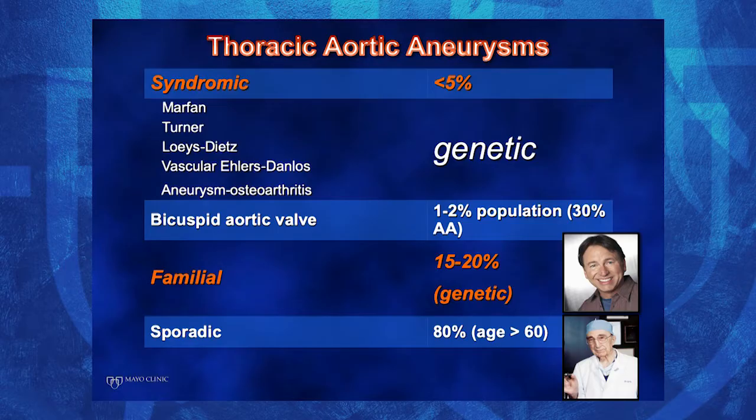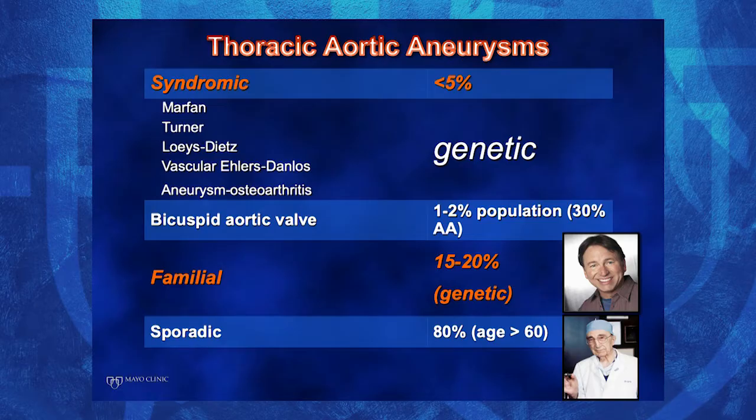In bicuspid aortic valve, it is important that your offspring and siblings be checked for a bicuspid aortic valve, because it may run in families, and there is a 10 to 15% chance of transmission of a bicuspid aortic valve to your offspring.